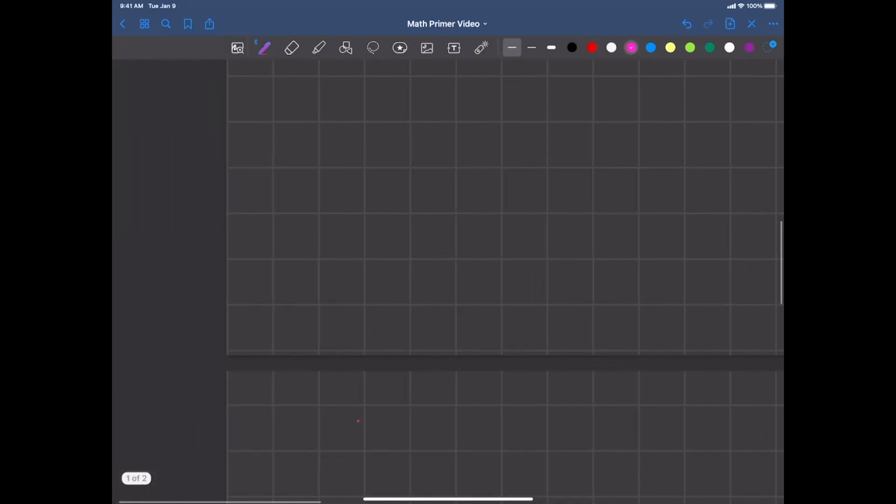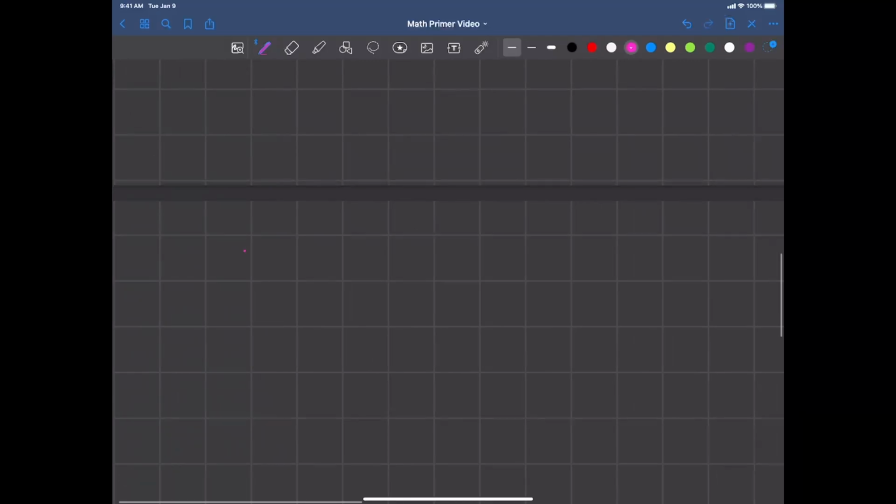Now, let's cover some vector operations, specifically vector addition and subtraction. So you can add and subtract vectors, but what does that look like graphically?